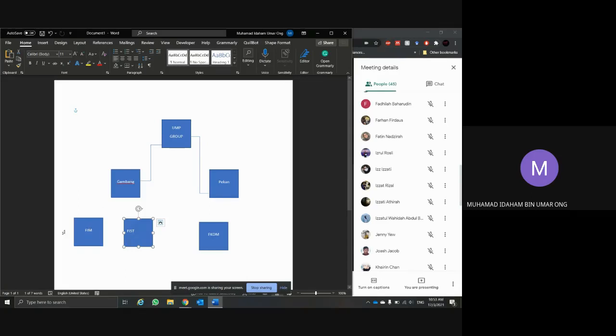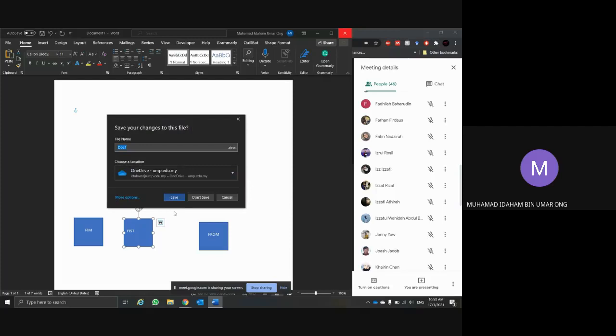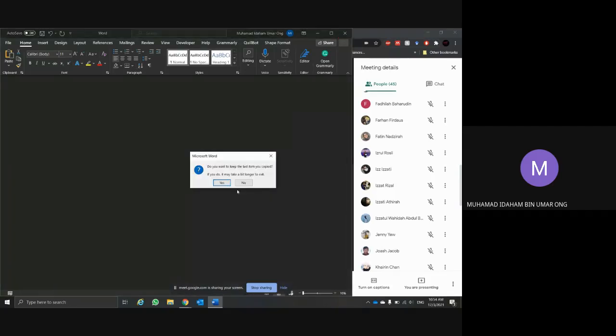It's not directly FIS, FIM, and FCOM. We have School of Engineering, School of Computing. So, College of Engineering, College of Computing. So it could be different. That is an example of how you propose an organizational structure to be implemented inside SAP. Okay, save.